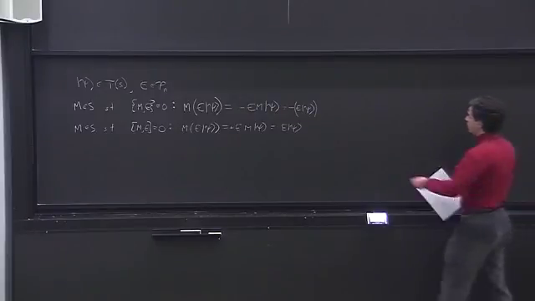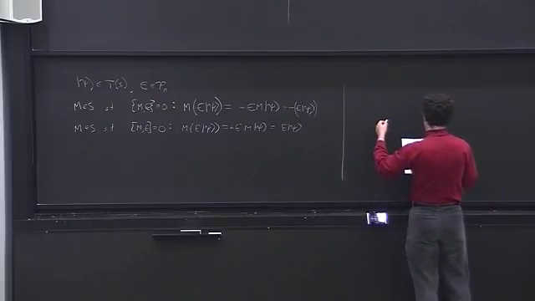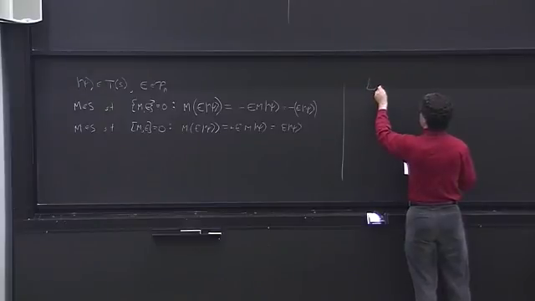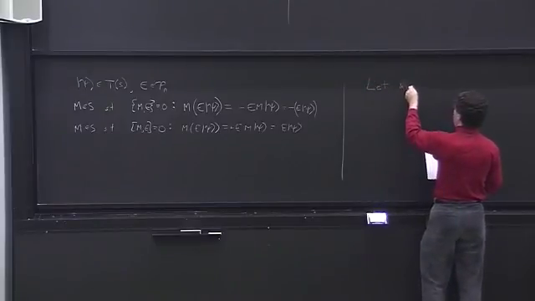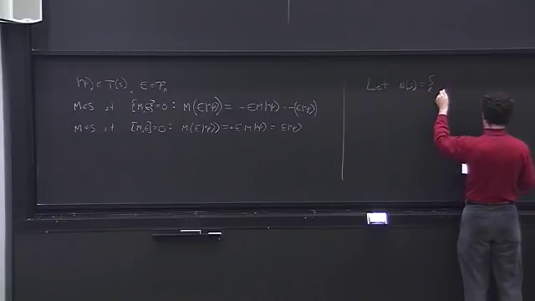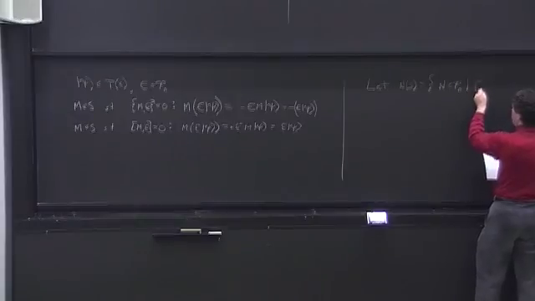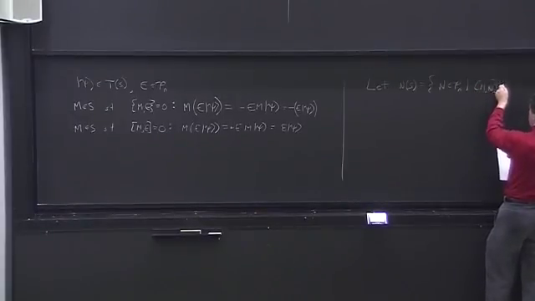In particular, let's define this set N of S to be the set of Paulis that commute with everything in the stabilizer.